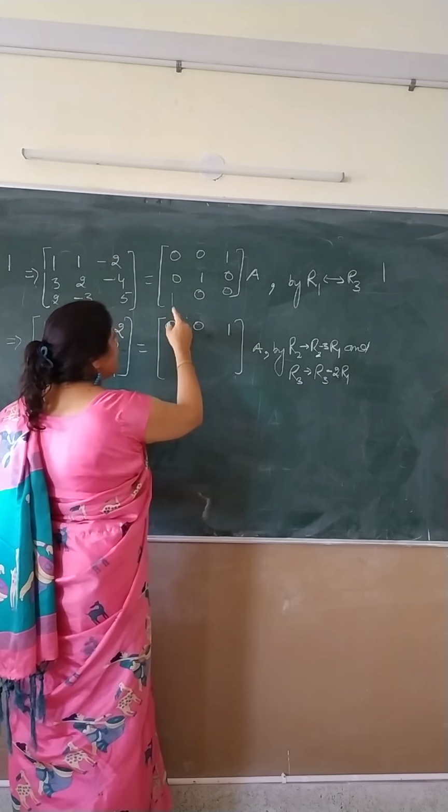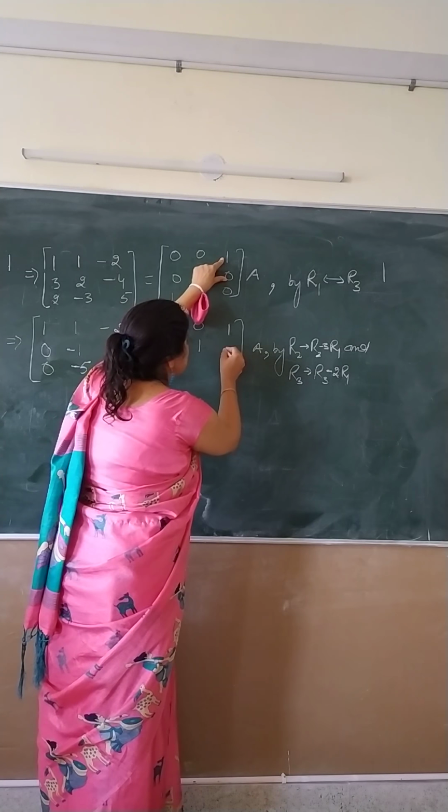Multiply this by 3, subtract from 0, you will get this 0. Clear? Multiply this by 3 and subtract from this, you will get 1. Multiply this by 3 and subtract from this, you will get minus 3.